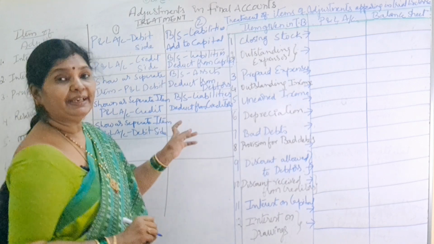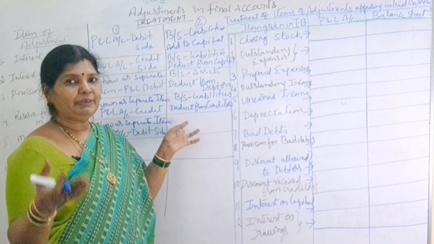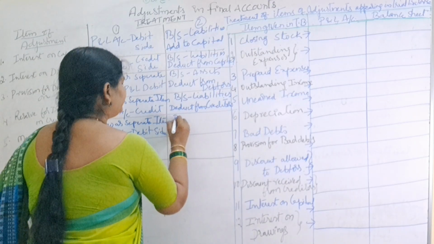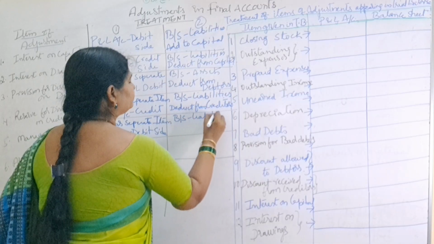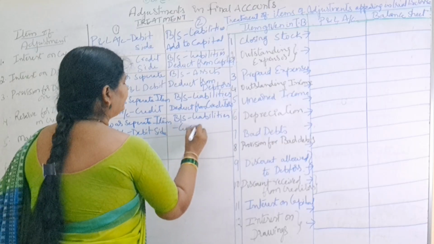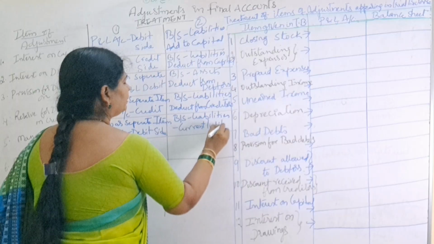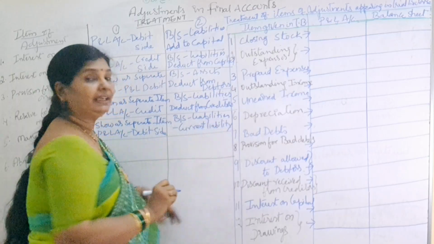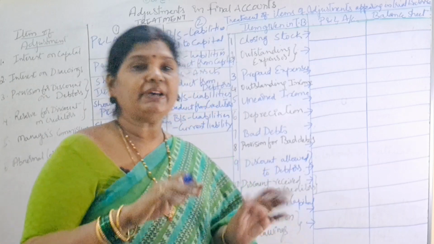Next, what's the second effect? Go to the balance sheet because it is our liability, right? So go to the balance sheet and go to the liability side. Show it as current liability. I've explained in the balance sheet that we will have current liabilities, meaning those which are for less than 1 year.